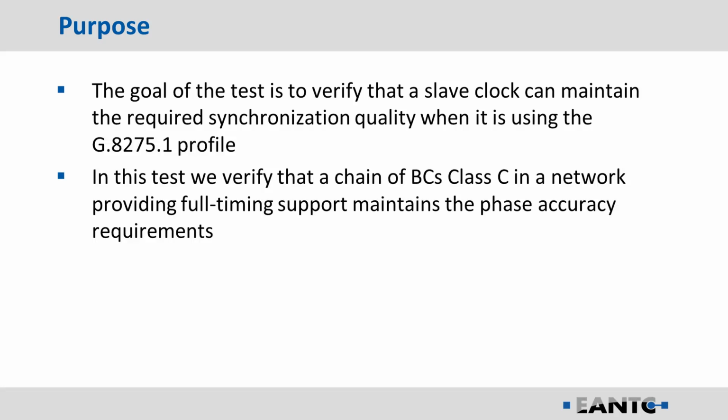The purpose of this test is to verify that the slave clock, or slave clocks in this particular instance, can maintain the required synchronization quality when using the G.8275 profile with full timing support with SyncE.